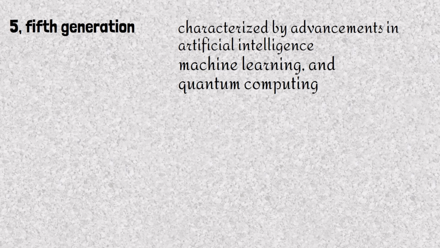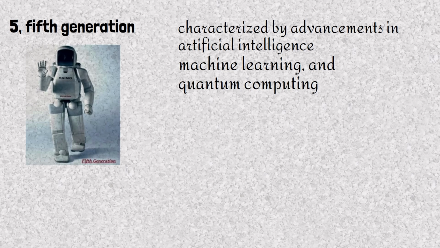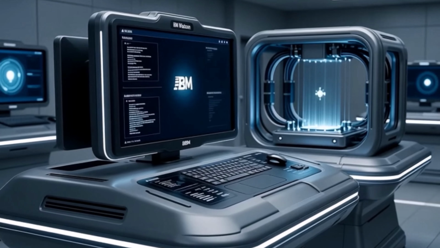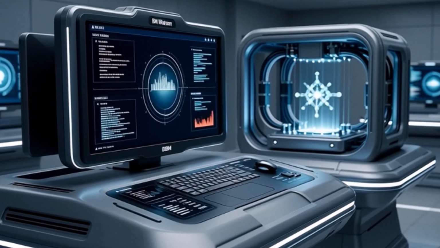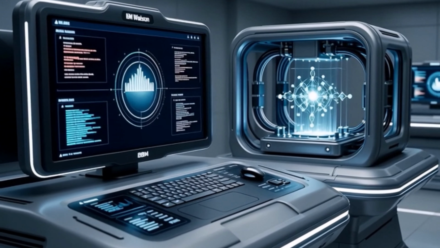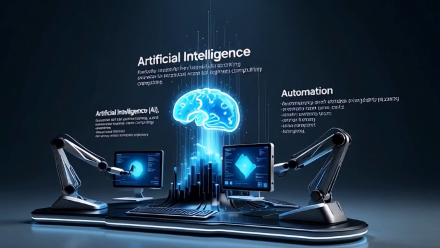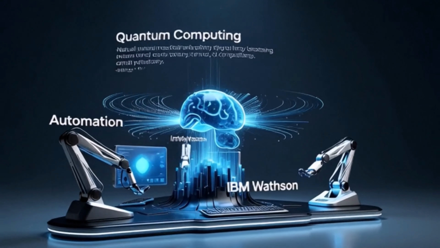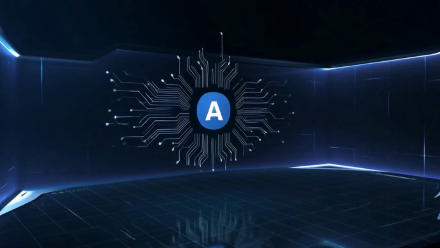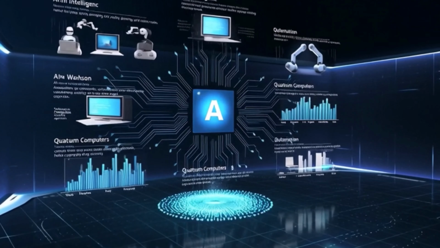The fifth generation of computers is characterized by advancements in artificial intelligence, AI, machine learning, and quantum computing. These technologies enable computers to learn, reason, and process data in ways similar to human cognition. This generation has some key features. Artificial intelligence: AI systems are capable of performing complex tasks such as natural language processing, image recognition, and autonomous decision-making.